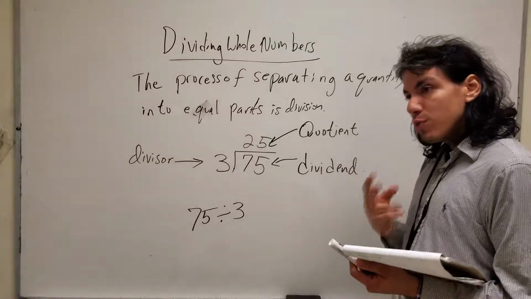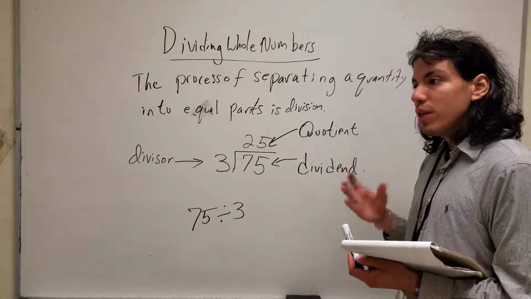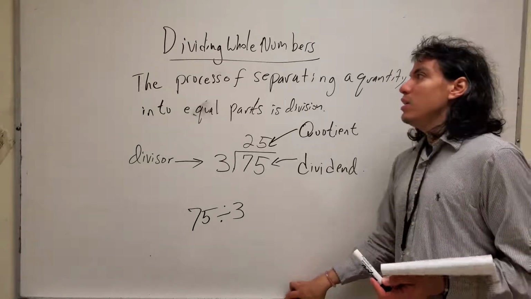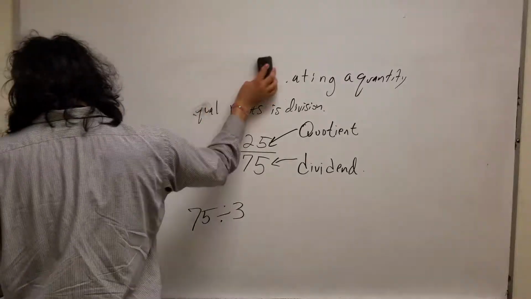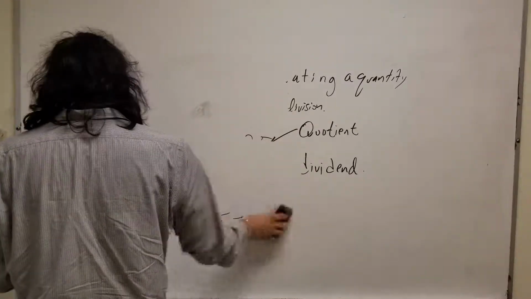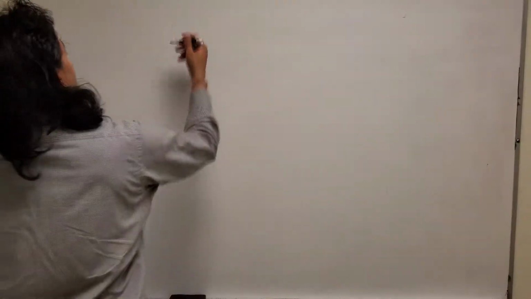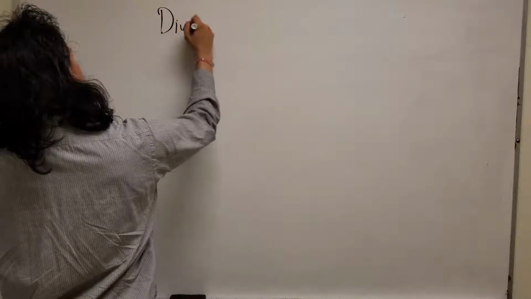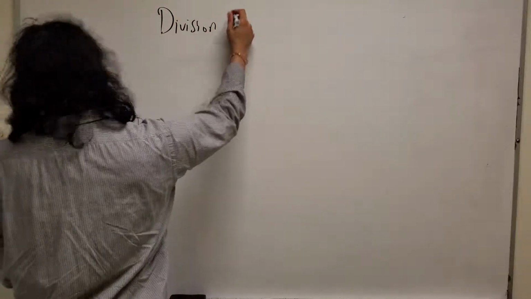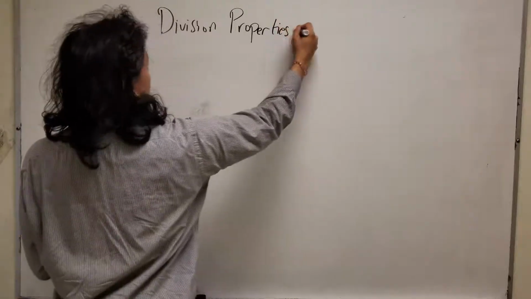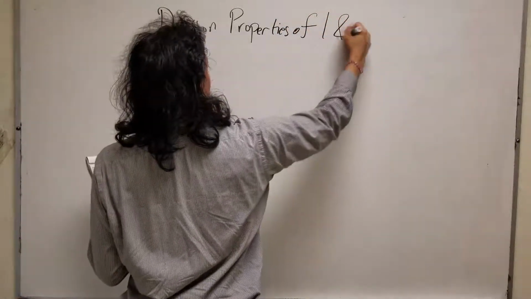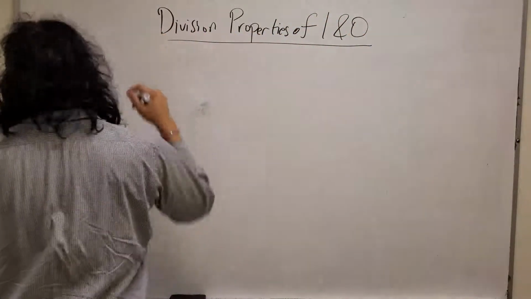We have 2 specific properties that are very unique to division. So it's important to know these properties. Division properties of 1 and 0.